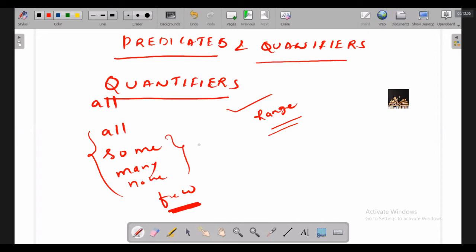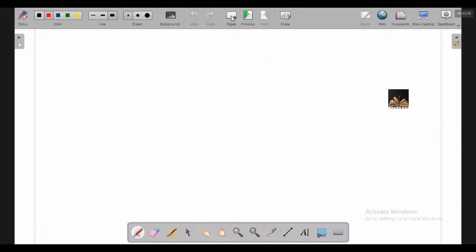In this chapter, we introduce two quantifiers. You also know these two quantifiers from high school mathematics, I think.